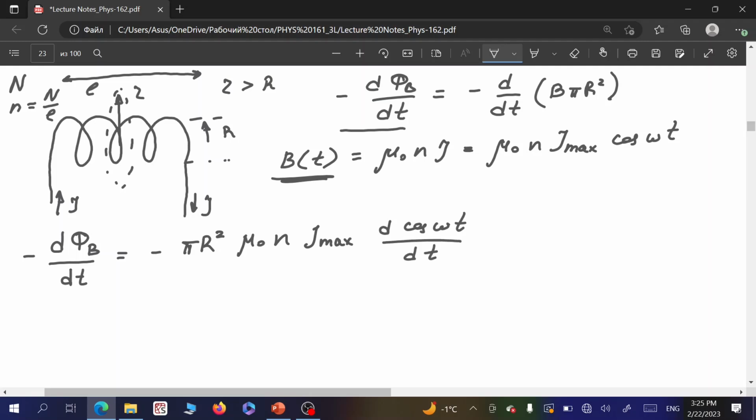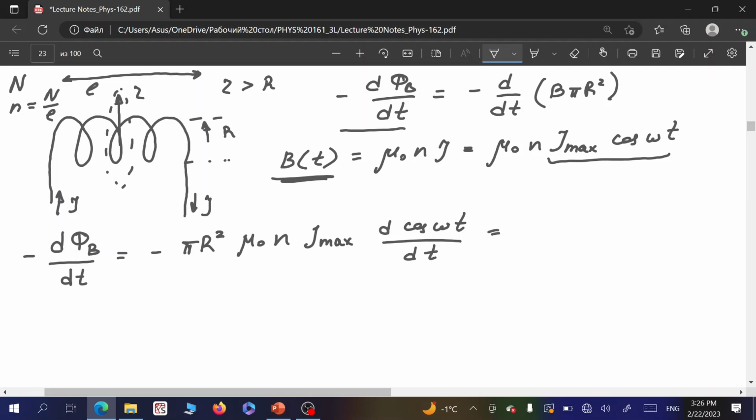Didn't forget anything. Minus pi r square mu naught n, and instead of I, we substitute time dependence of current. Okay, so now what will be the derivative of this cosine omega t over dt? Minus omega times sine omega t.